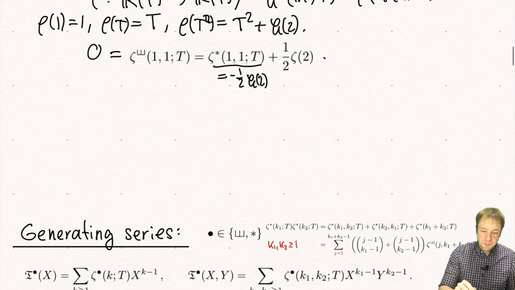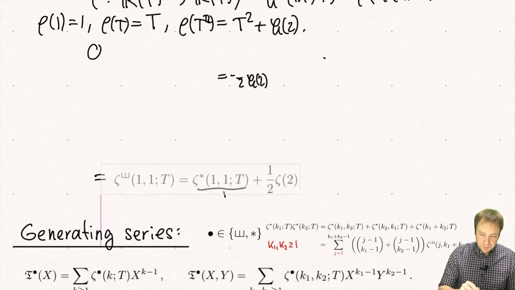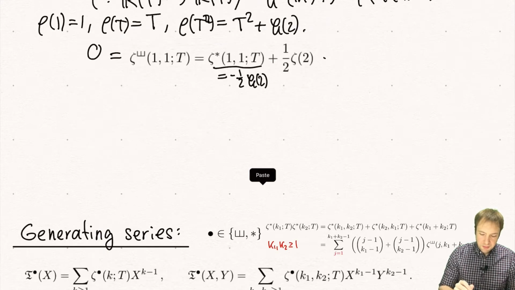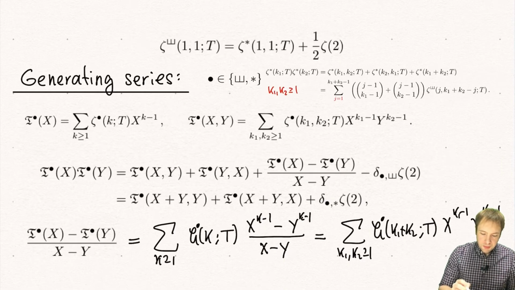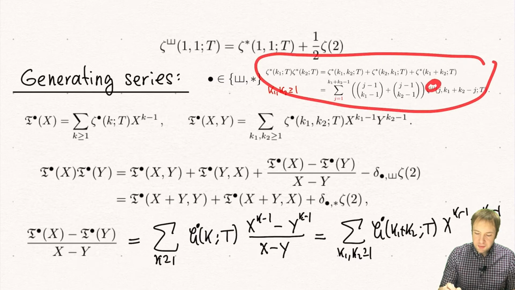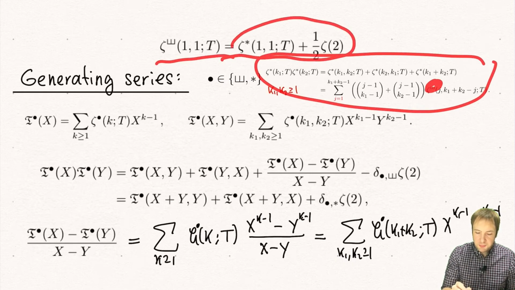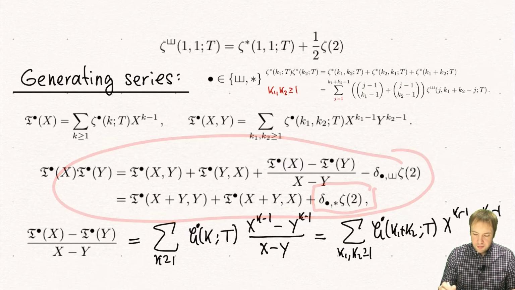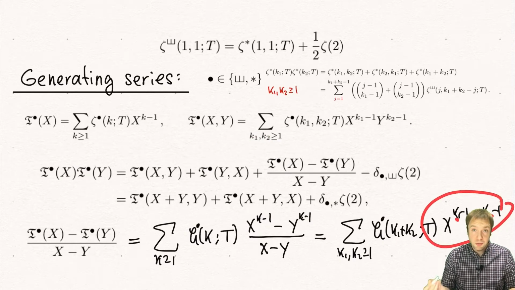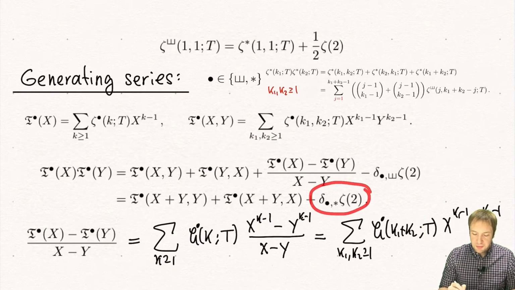And this comes from the fact that we have this difference here. So we have this equation here, and if I replace the shuffle by the stuffle plus 1/2 zeta 2, then in the case when j is 1, and this is also 1, then I get one extra term, this 1/2 zeta 2 twice, and therefore the constant term in this equation here, because constant term means that k1 and k2 equal 1, then I need to add this extra term here.